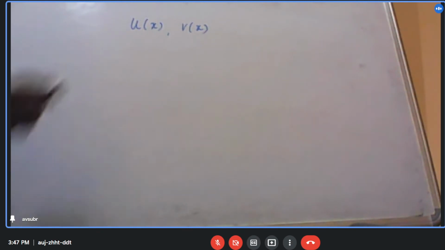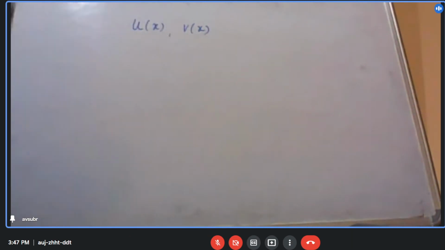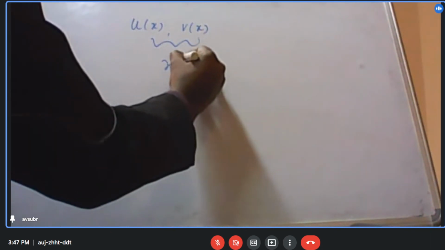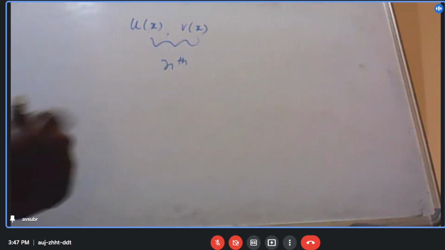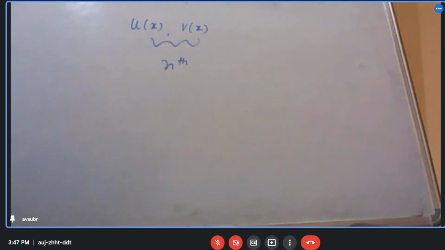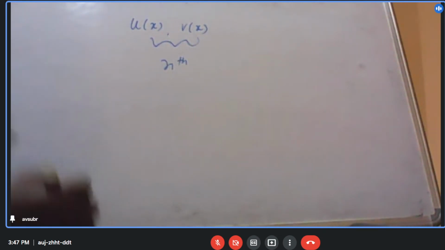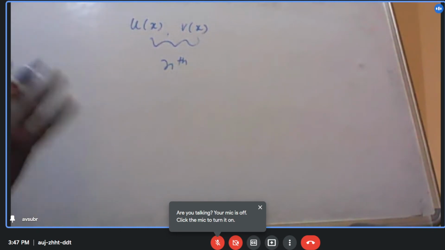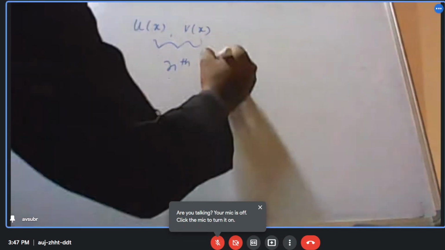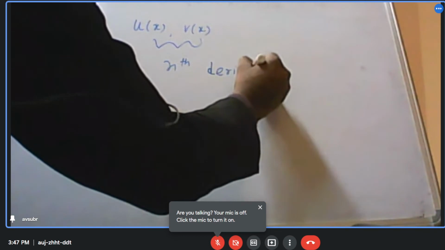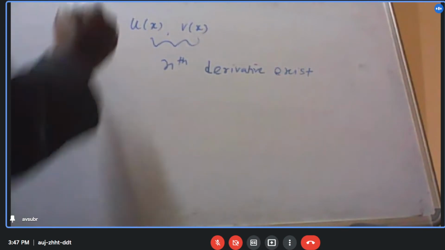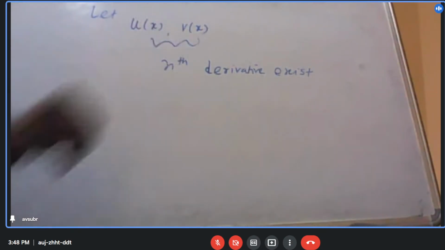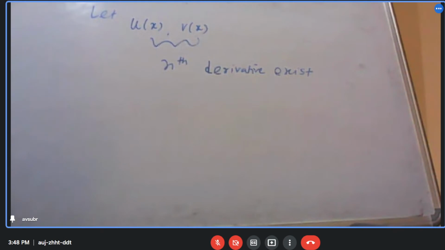We have two functions u and v, and let us suppose that they are differentiable up to n times. In other words, their n-th derivative exists. Okay, let two functions be there and their n-th derivative exists.